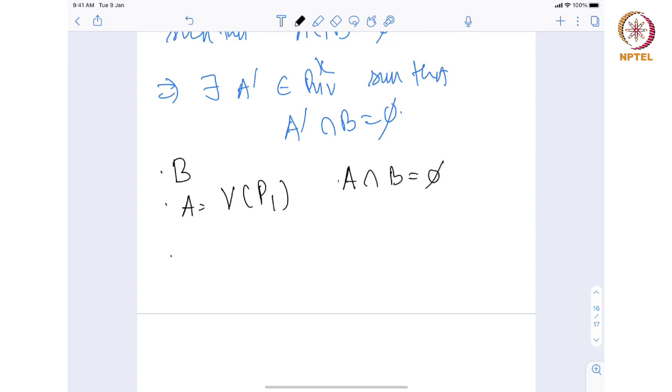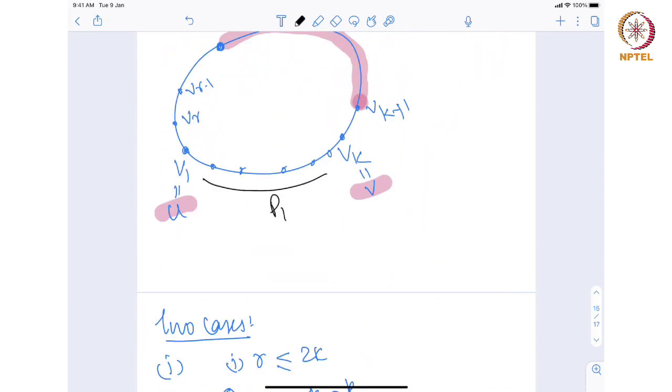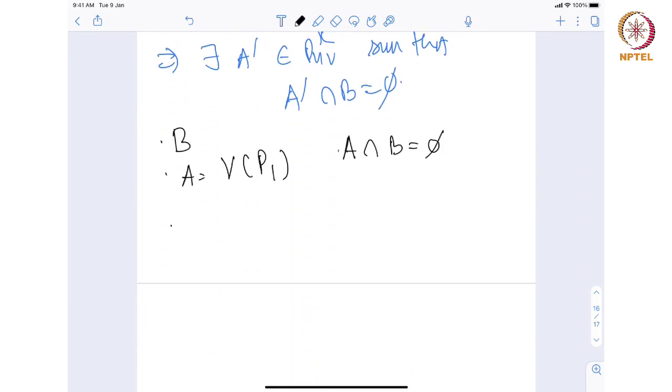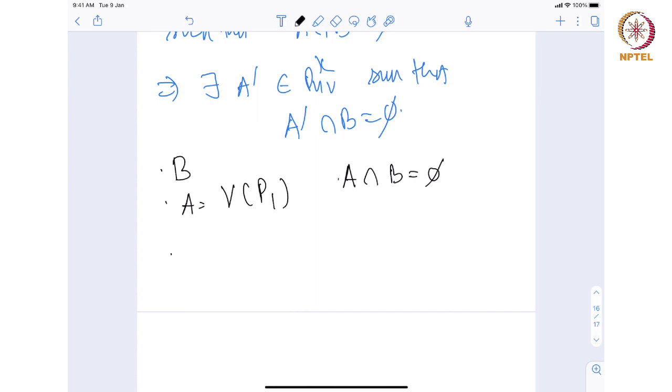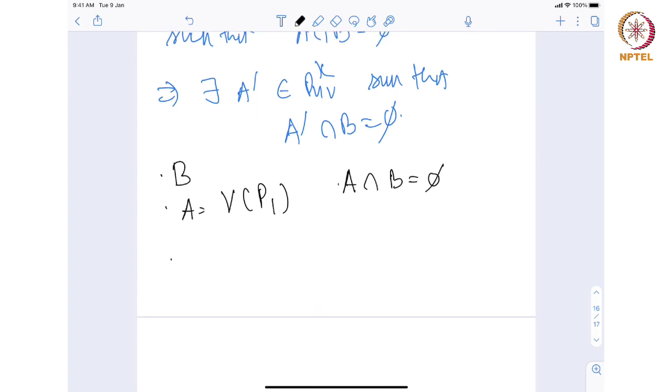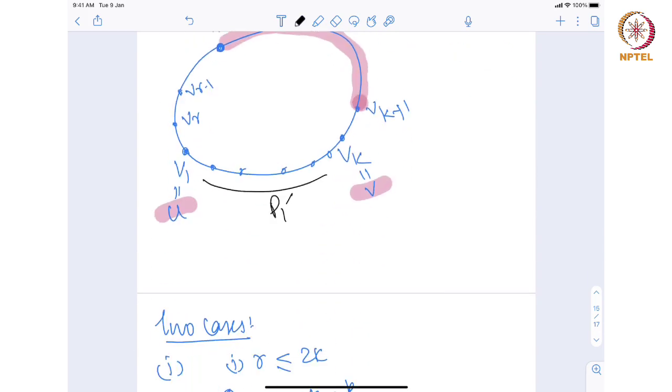Then you will give me another path, a set A prime, not the vertex set of P1, and its intersection with B is empty. So now I can find a replacement in this case.